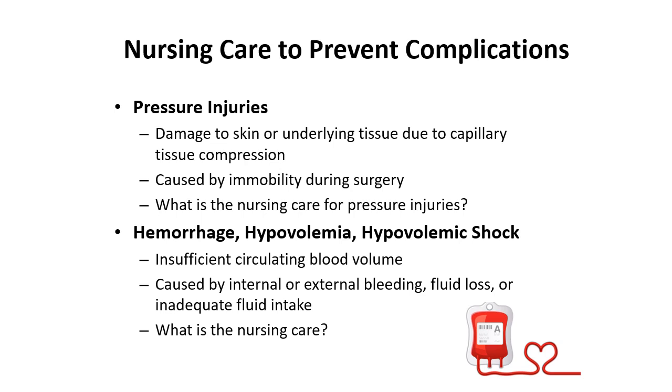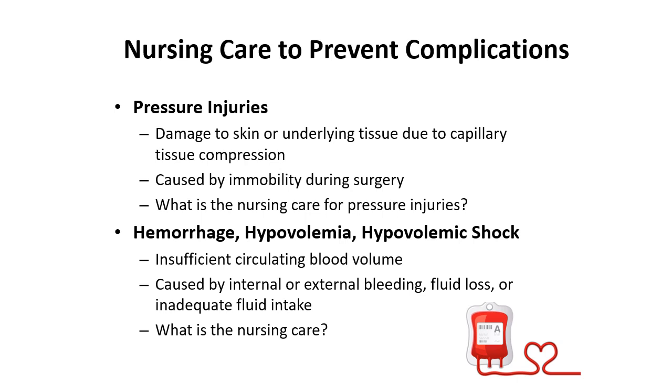Pressure injuries: if we keep them on the same area, they can have tissue compression from that immobility during surgery, and then we can cause pressure injuries. The nursing care for that is to try to keep them off those high pressure areas, and padding and whatever we can do to keep them off of that.